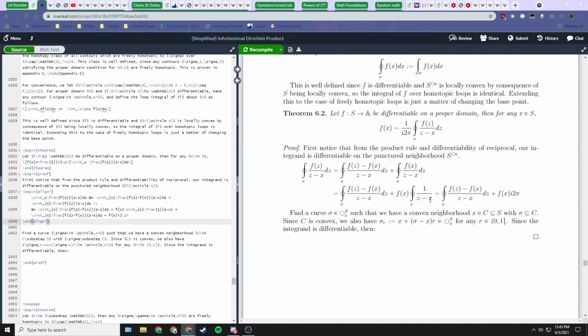But by just doing a change of base, this is also the integral about 0 of 1 over z dz.